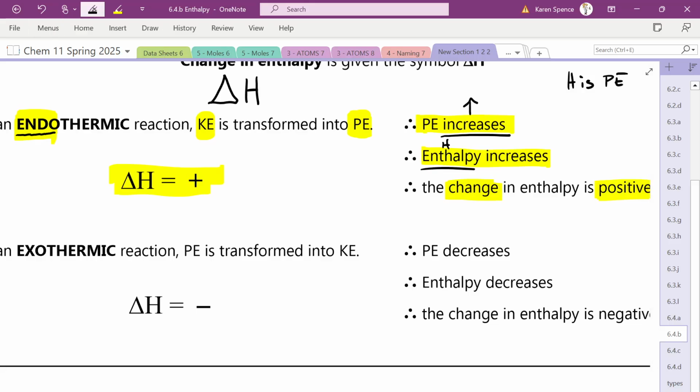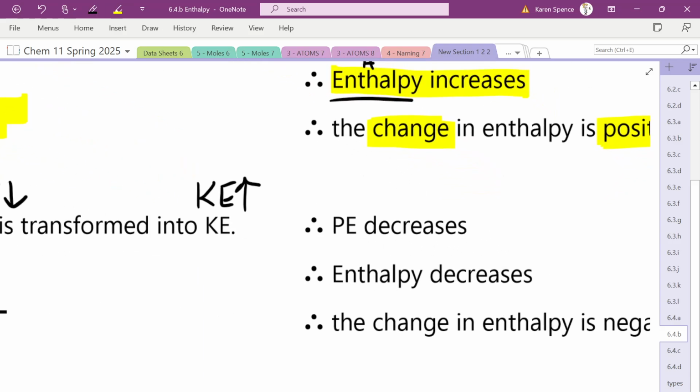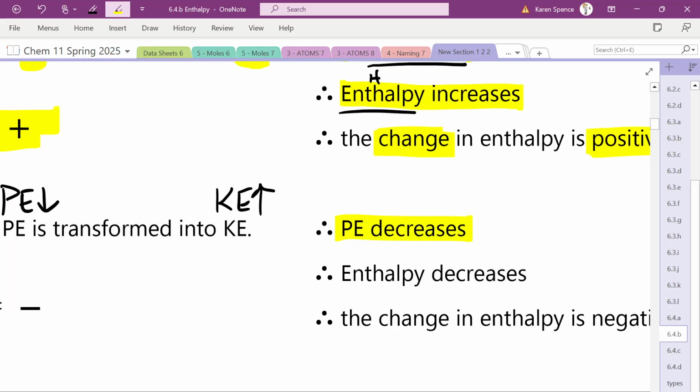In an exothermic reaction, we're taking some potential energy and we're transforming it into kinetic energy. So the potential energy is going to decrease and the kinetic energy will increase. If the potential energy decreases, remember potential energy and enthalpy are essentially the same thing. So if potential energy decreases, then enthalpy decreases.